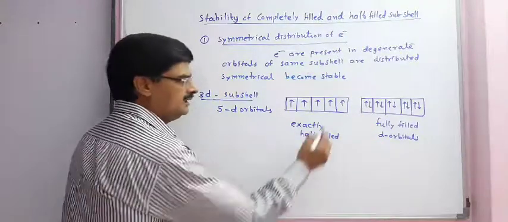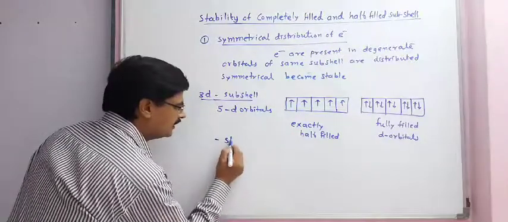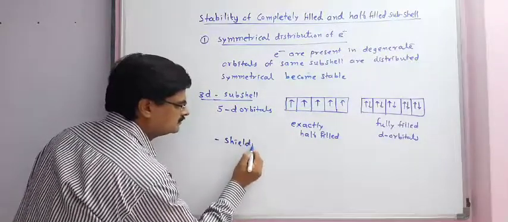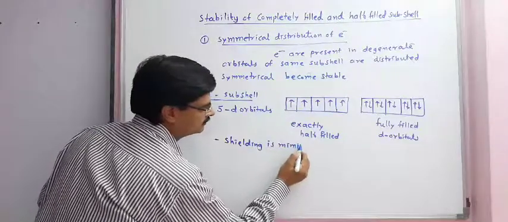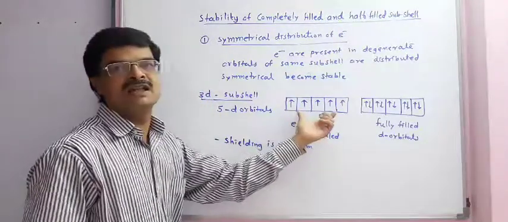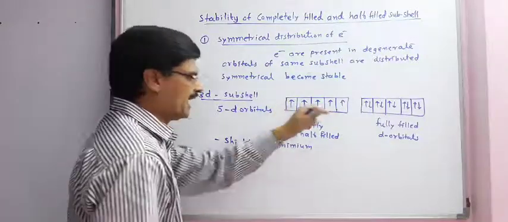Now we understand, because of this type of distribution, shielding is minimum amongst the electrons present in the same subshell with parallel spin.